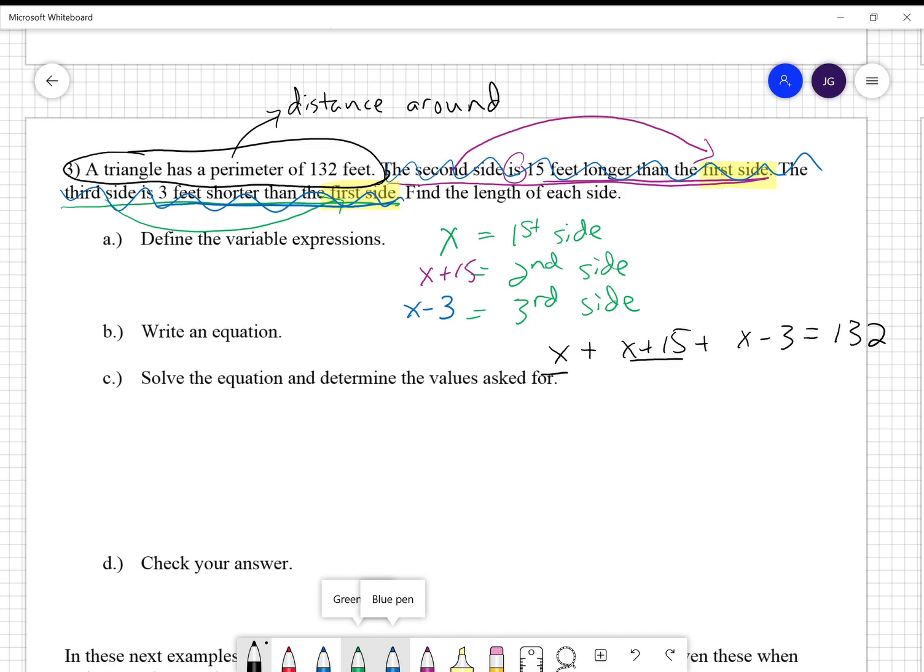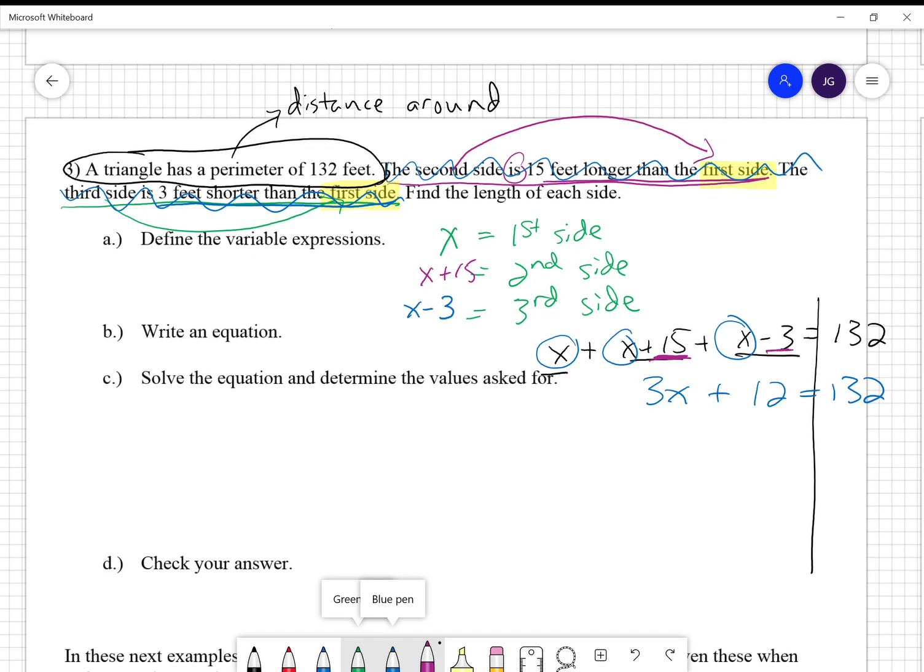First, second, third. I'm going to combine my like terms. X plus x plus x is 3x. 15 and minus 3 is positive 12. So I combine my x's, and then I combined positive 15 and negative 3.